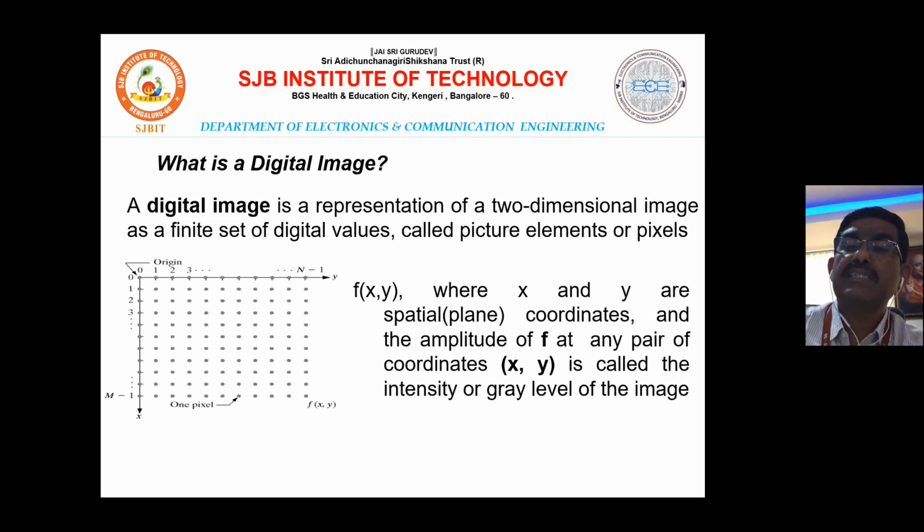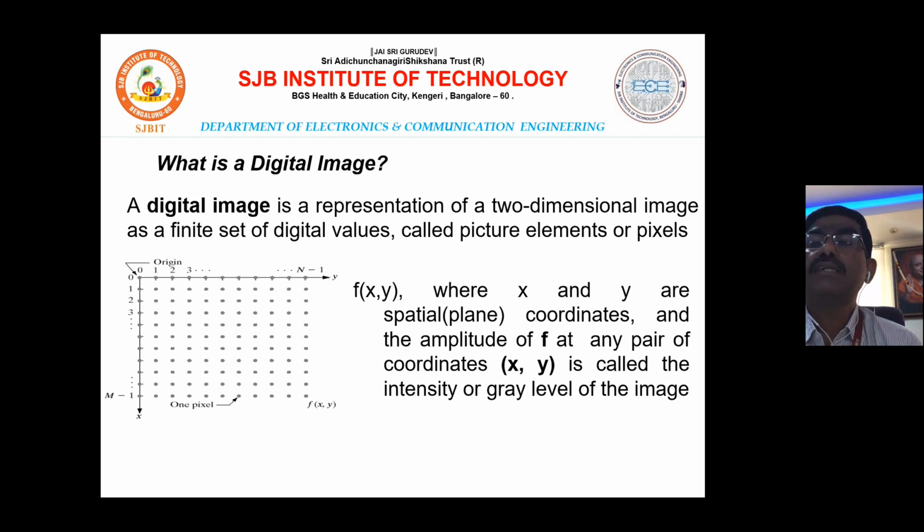Now in these representations, we look into the x-axis and y-axis. X-axis represents vertical lines, y-axis represents horizontal lines.